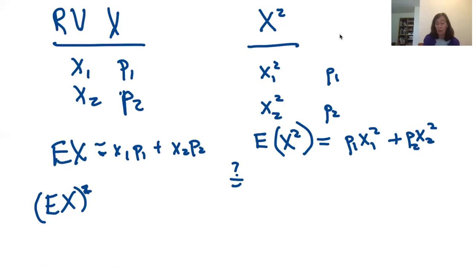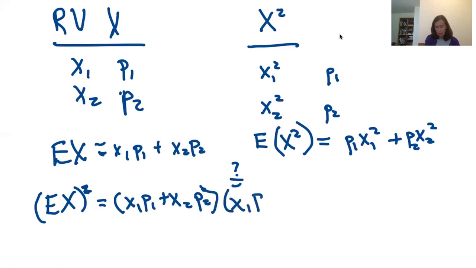So we've already got the expectation of the square of the random variable. That's lovely. Now we need to multiply out x1p1 plus x2p2 times itself. This number is just an expression for the expected value of X. I'm multiplying it by itself.